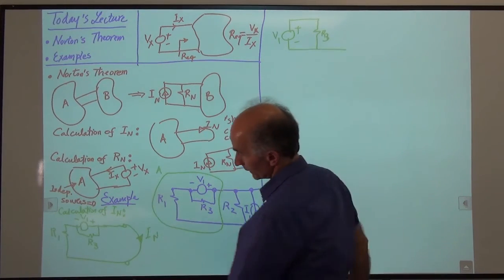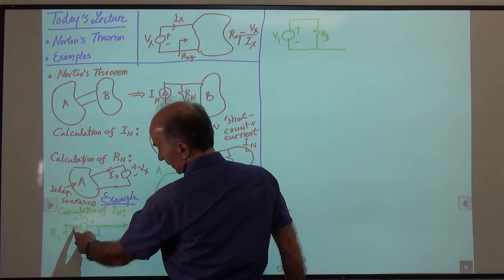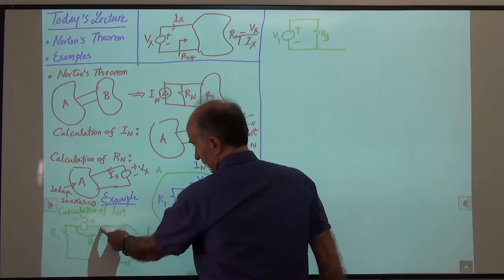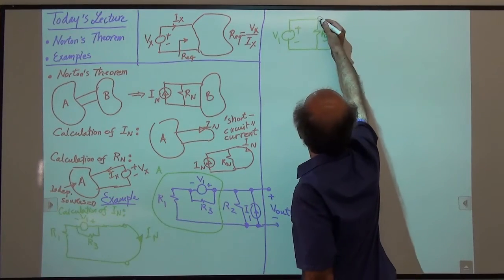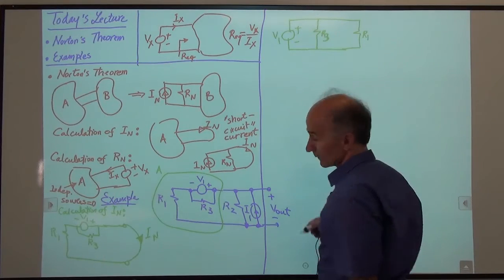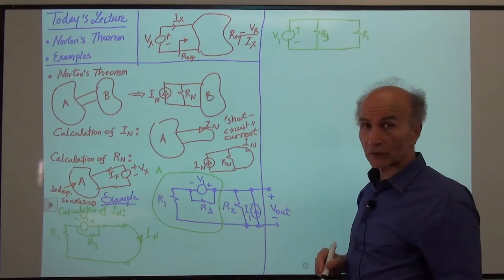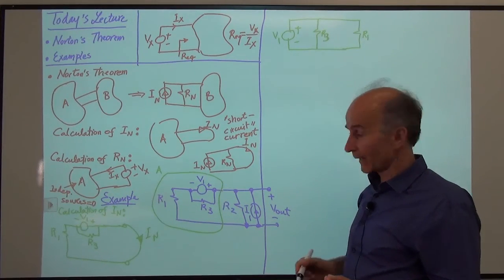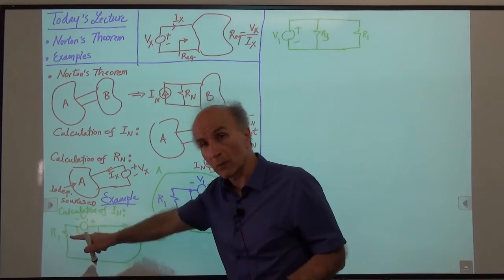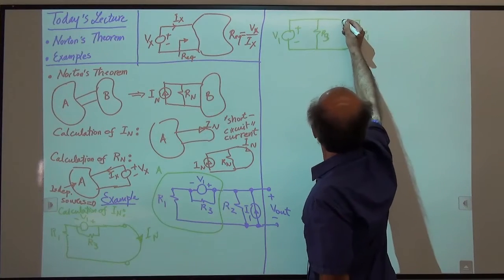And then what I see is that R1 shares its terminal with this side of the voltage source and its other terminal with this side of the voltage source. So R1 is like this. And the current that we called IN is the current that happens to flow through this wire, which is only flowing through R1. So that is IN.